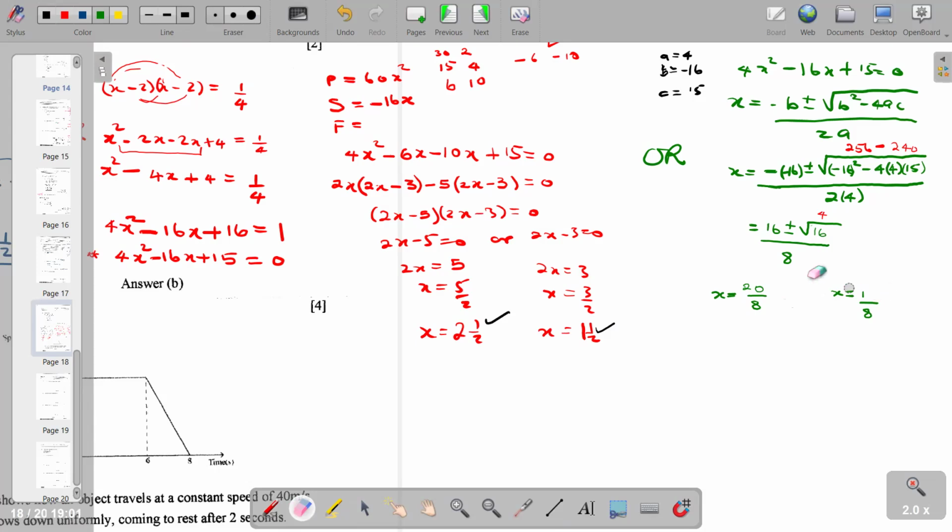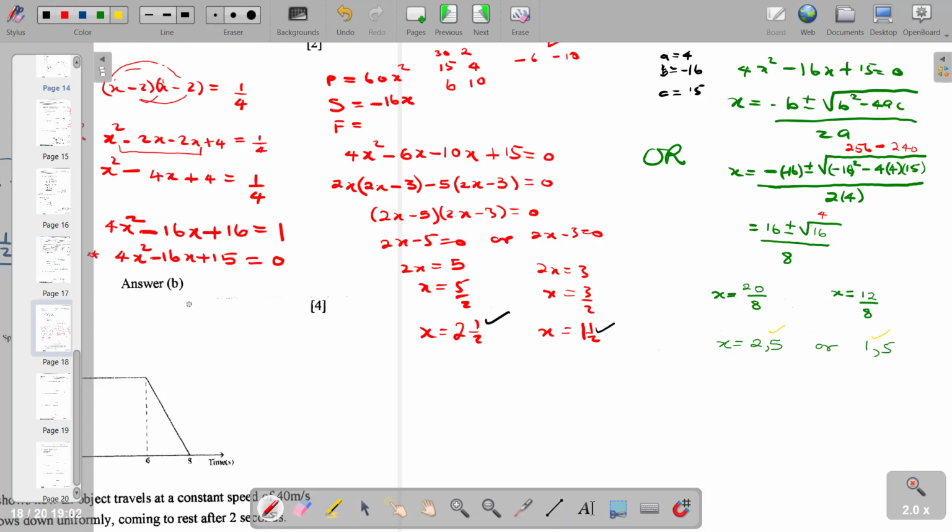It was an error. The other one is 12 over 8. So eventually the answer, your x, is equal to 2.5 or 1.5, which are exactly the answers that we got earlier on.